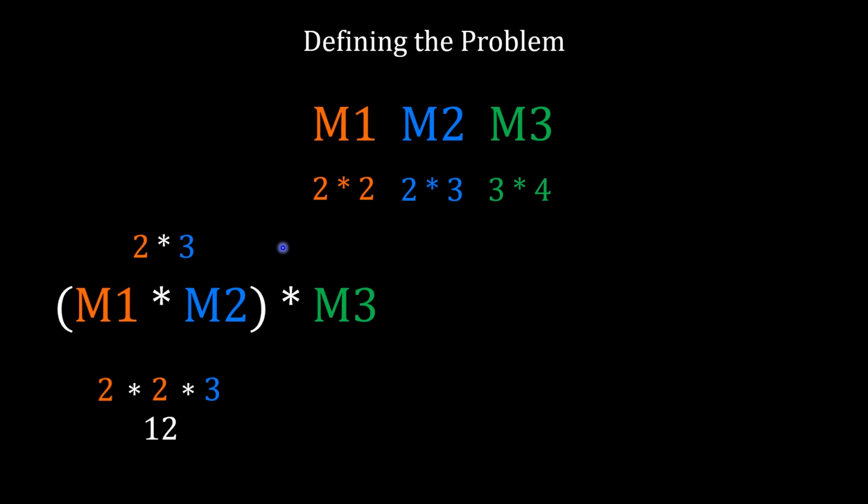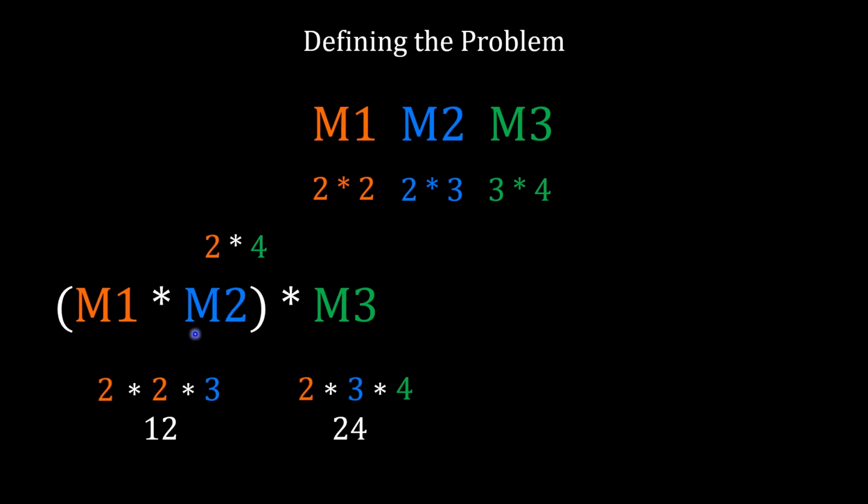And we can actually do that because our resulting matrix has 3 columns, which works out well because we can then times that by the 3 rows of matrix M3. This is then going to give us a resulting size of the overall calculation of 2 by 4.